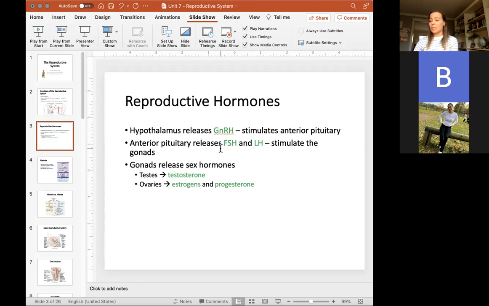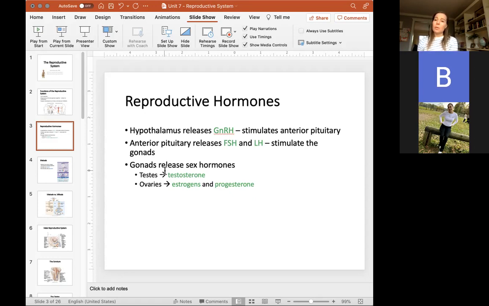The anterior pituitary is going to release follicle stimulating hormone, that's FSH, and LH, which is luteinizing hormone. These hormones get released and then travel down to the gonads. So that would be testes or ovaries, depending on male or female. Those same hormones, no matter if you're male or female, both get produced, and then they travel down to the gonads and trigger them to release the actual sex hormones.